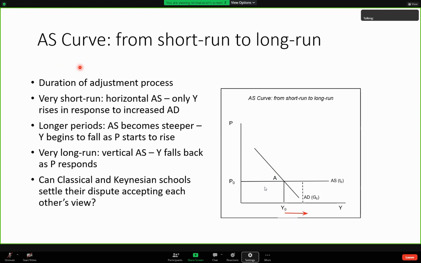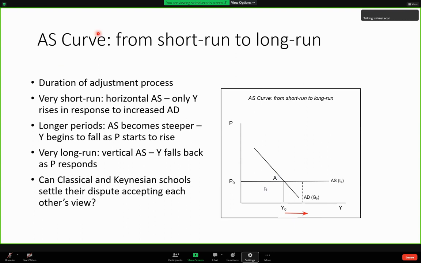I have seen this diagram earlier, because when we look at the horizontal AS curve and the vertical AS curve, in between there are upward sloping AS curves also, which we already saw according to the Keynesian view. Now we are going to show here that, depending on the time period, the slope of the AS curve will increase.